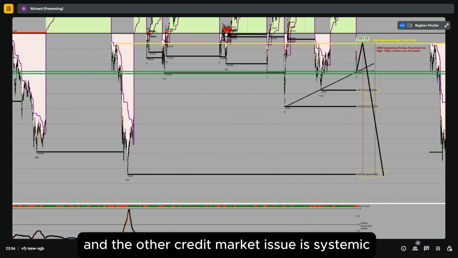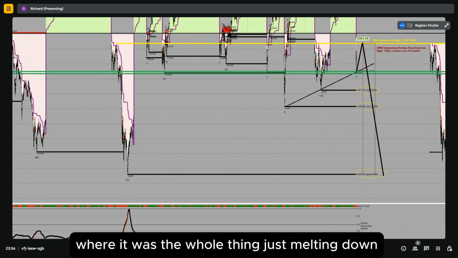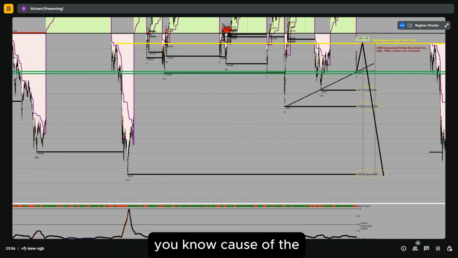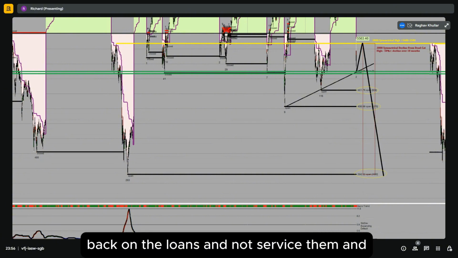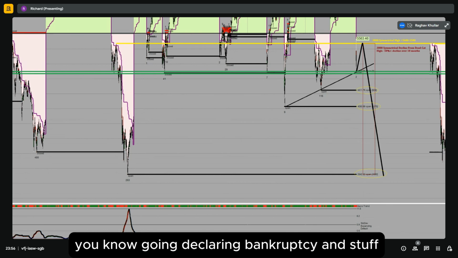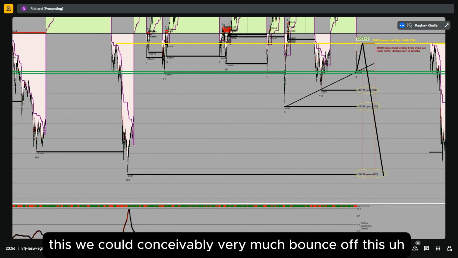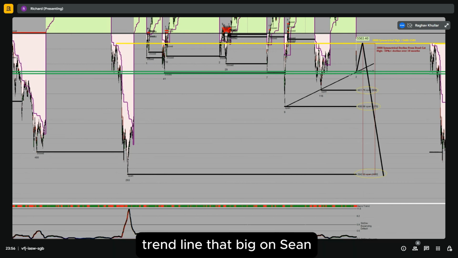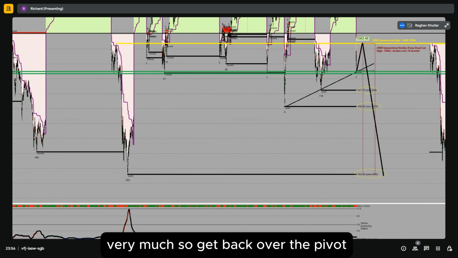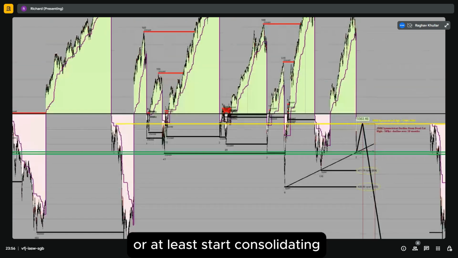And the other credit market issue was systemic, where the whole thing was just melting down, because of not being able to service loans, people falling behind on the loans and not servicing them, and declaring bankruptcy and stuff. So anyways, we could conceivably very much bounce off this trend line that Big Gun's showing, and we could conceivably very much so get back over the pivot, or at least start consolidating.